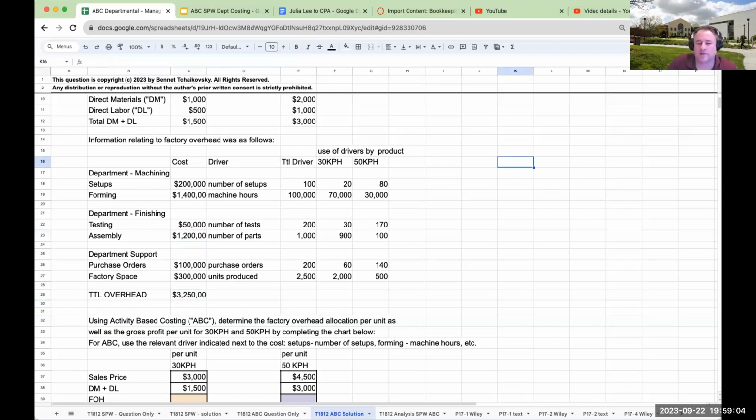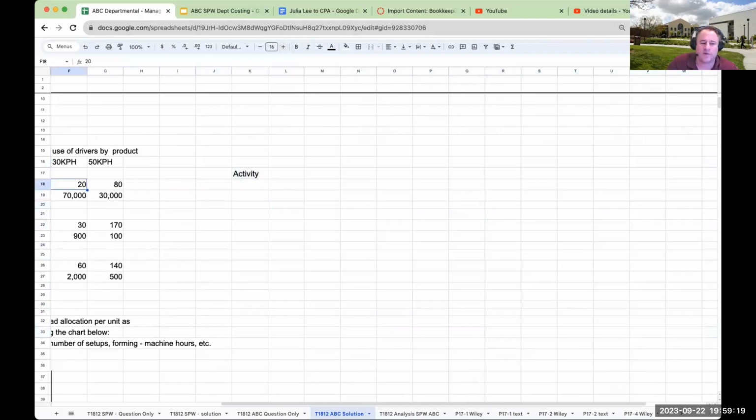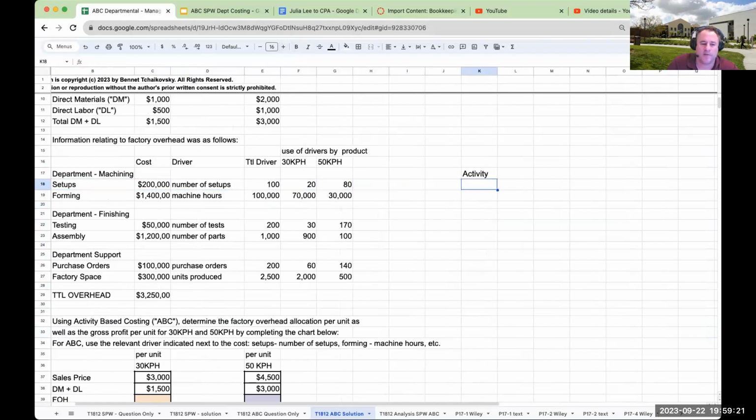When we're doing activity-based costing, we're going to allocate overhead based on activity. So let's take a look at our activities. We have setups, with 200,000 in terms of that cost.